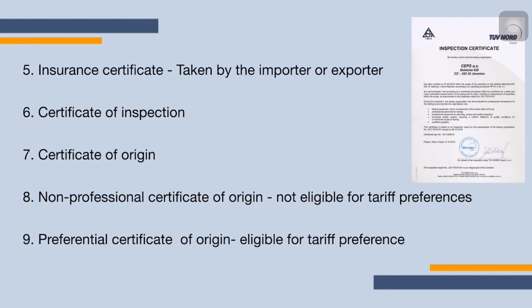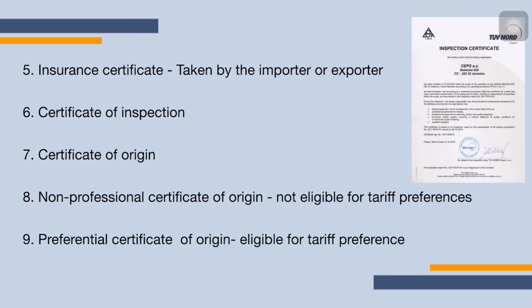Number 7, certificate of origin, because I want to make sure in which country the goods have been manufactured. The country where the goods originated is given in the form of a certificate. And 8, we have the non-preferential certificate of origin. What does this say? It attests the origin of products and does not confer any tariff preferences.